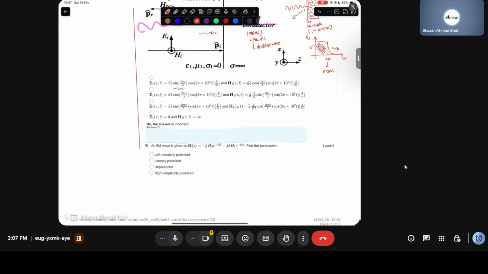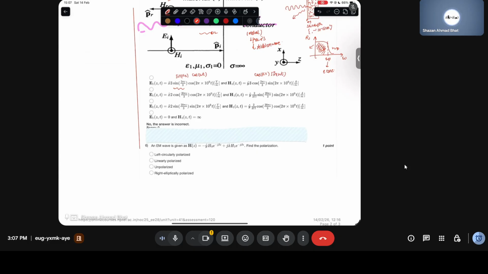There is some sine of kx term, kz term, and cos of omega t term, and then there is again a sine of kz term and cos of kz term and sine of omega t term, which are basically the space and time oscillating waves.